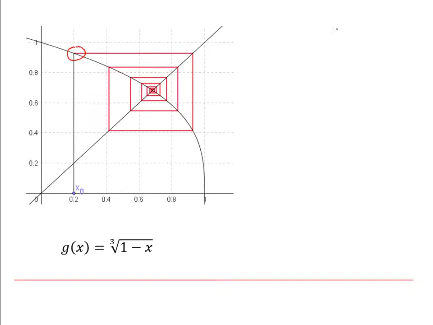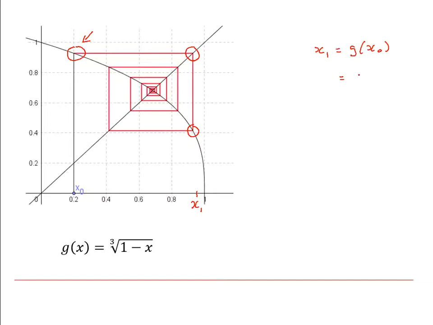So that's got a y coordinate of g(x0), and then if we go over to the line y = x, we're calling that x coordinate x1, and that's the same as its y coordinate, which is the same as the y coordinate of that point. So x1 = g(x0), and then we go down to the curve again.